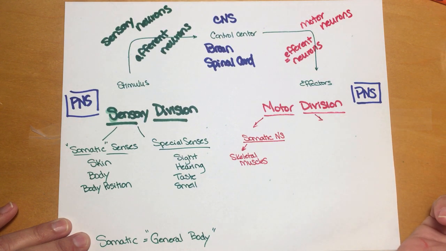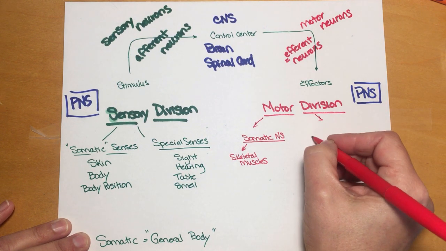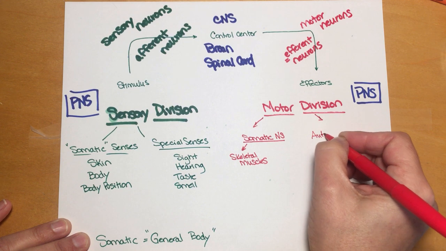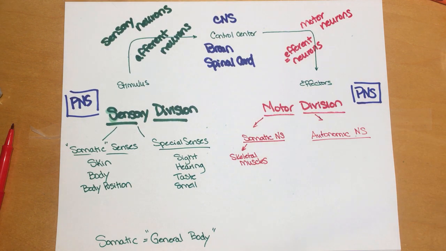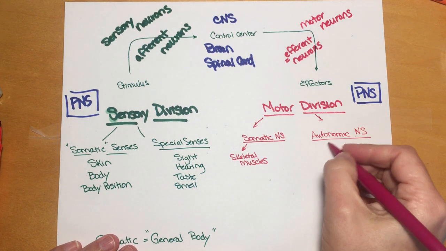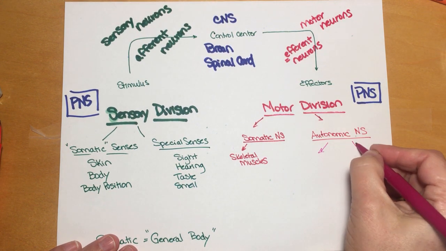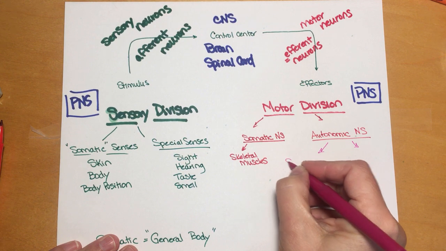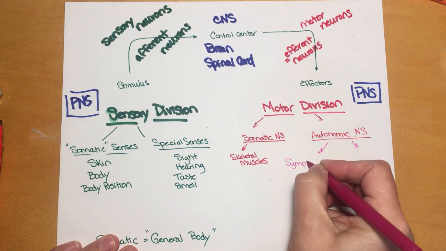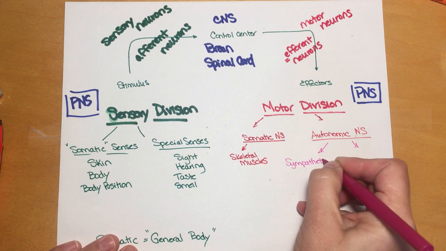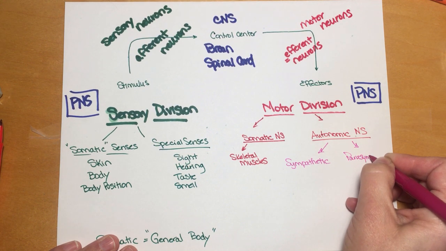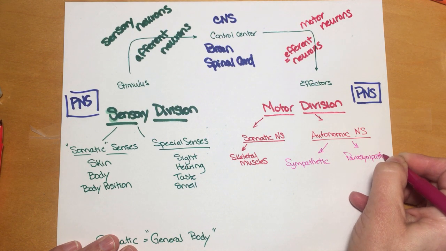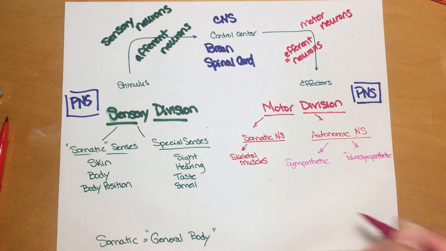The other side of the motor division is the autonomic nervous system. This can be further subdivided into its 2 components. We have the sympathetic and the parasympathetic nervous systems.